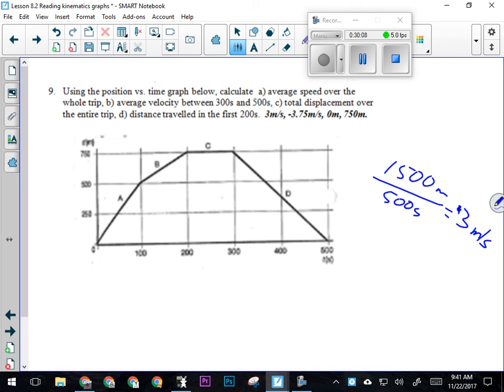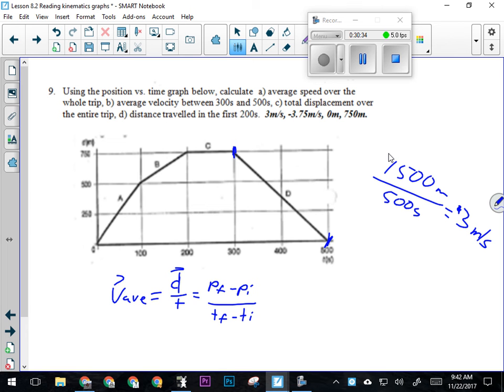For part B, what's the average velocity between 300 seconds and 500 seconds? So there's my start and my finish. If you look on your formula sheet now that you have it, we see that there's displacement over time, which is final position minus initial position over final time minus initial time.